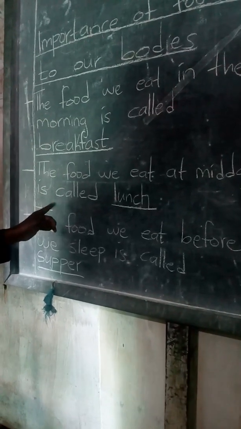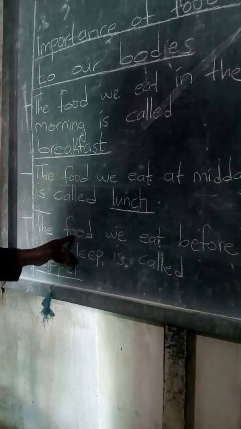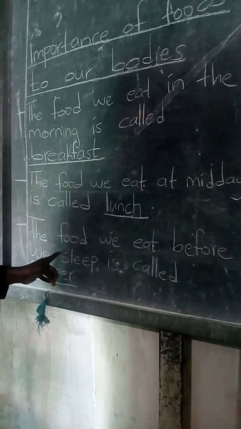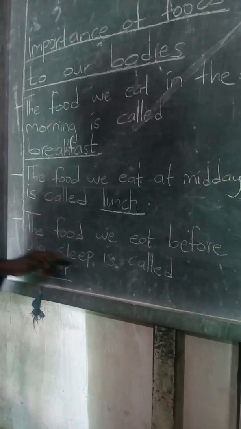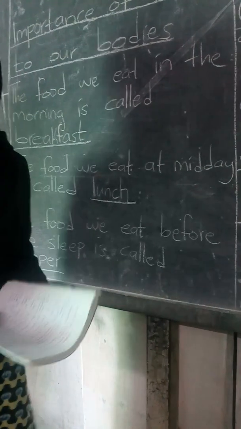The other food that we eat is supper. So supper is the food we eat before we sleep, before we go to bed.